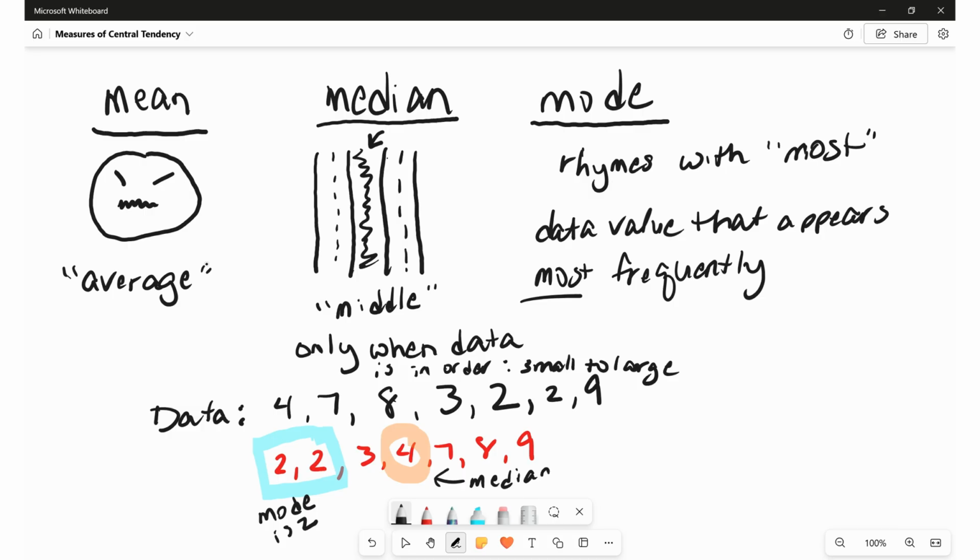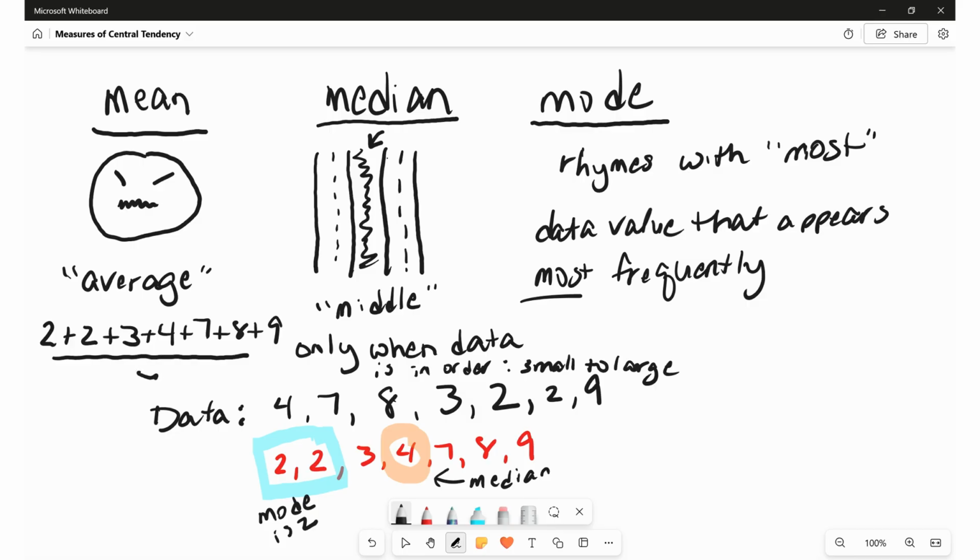And I lean into the word mean because mean is the one that involves the most calculations, so it's the hardest one to calculate. When we have our data set here, in order to find the mean, we are going to add all of our data and then divide by the number of data points we have.